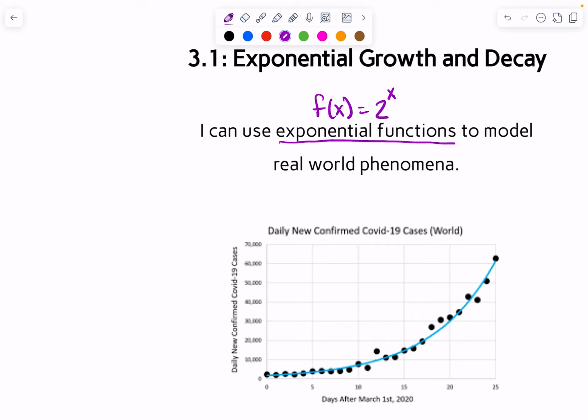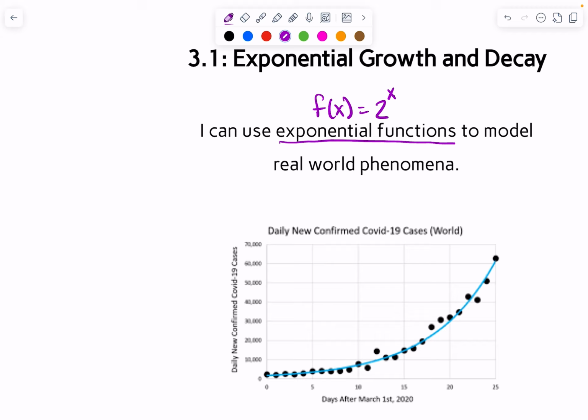So for example, down below, you will see a quick little graph that models the data around the world, days after March 1st, 2020, with daily new confirmed COVID-19 cases.